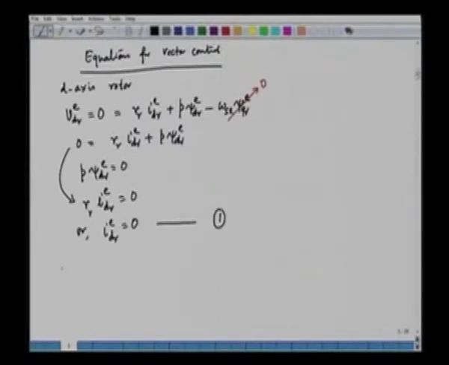So, similarly in the q axis rotor, we can write down the equation for q axis rotor.